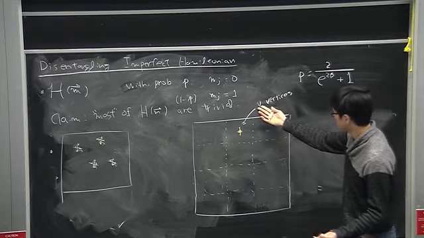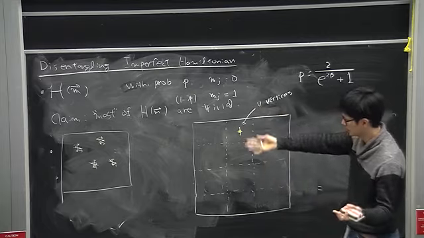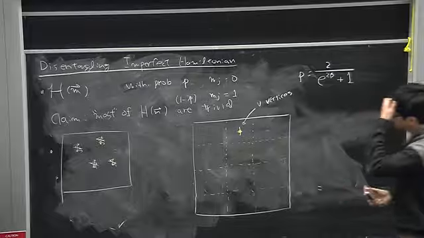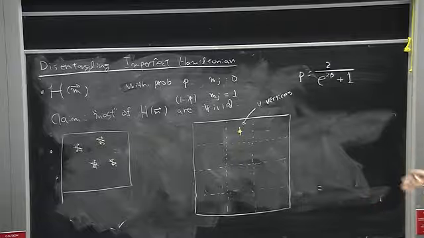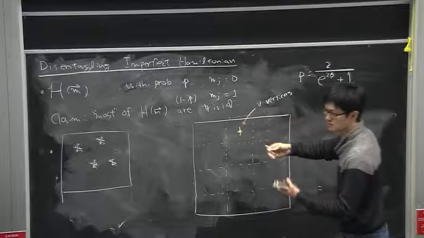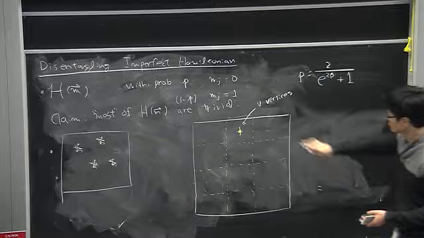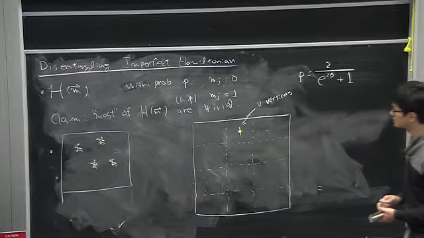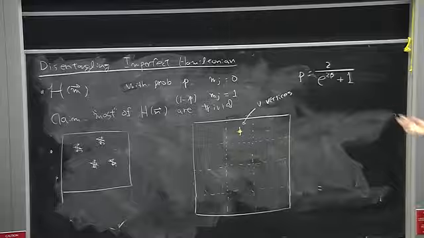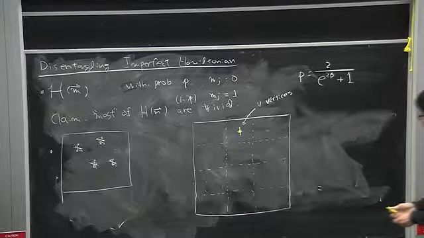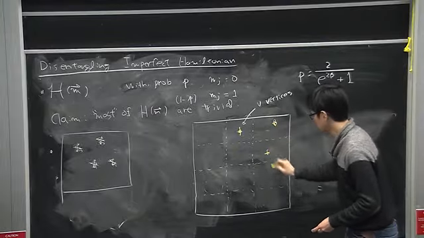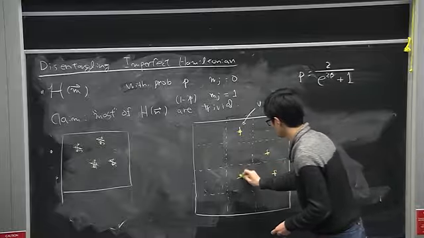But we can do this without taking V to be as big as the system size. We can do it with some finite size. In order to suppress errors and so on, we would like to take this region as big as log L, but that's just some technical statement. But the whole point is that if I'm given an imperfect Hamiltonian, it is very likely that there are some missing sites, missing vertex operators.